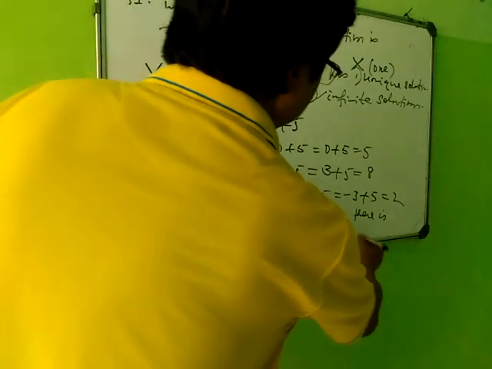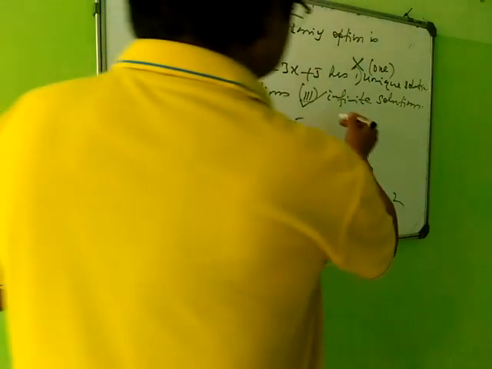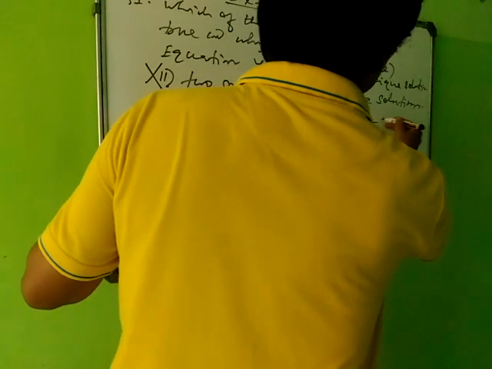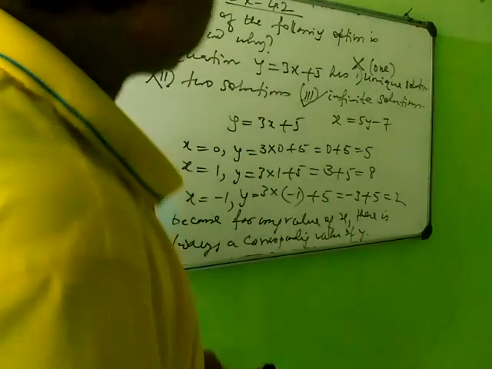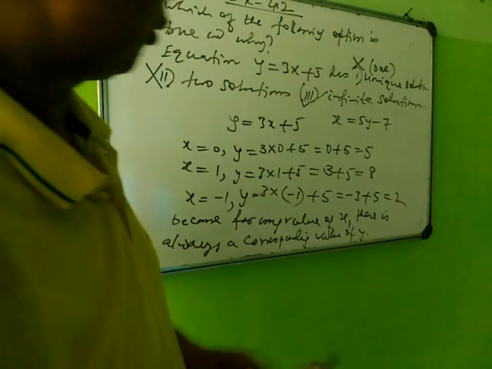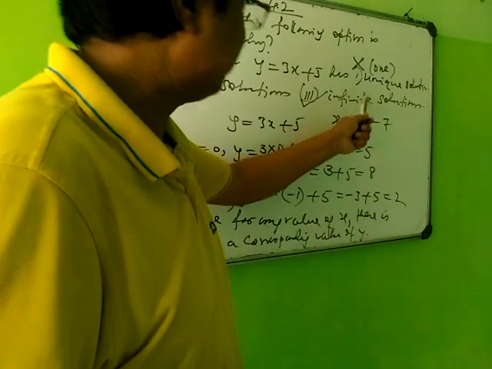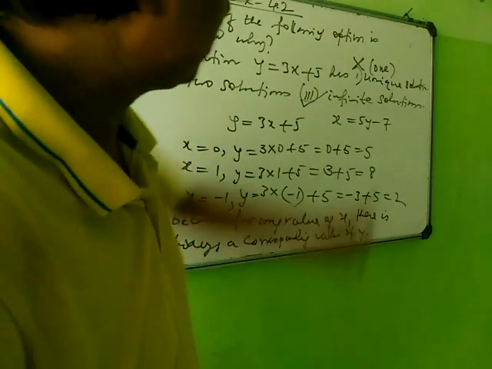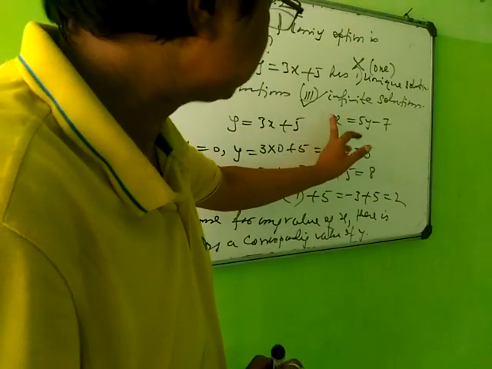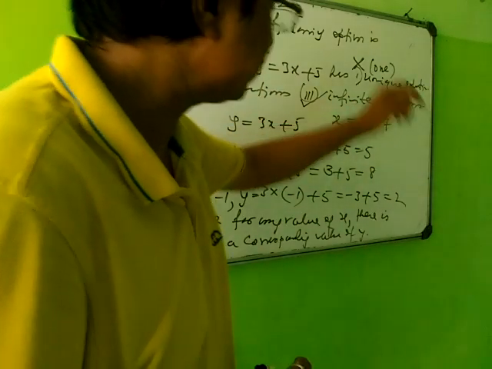Say you have got x equals to 5y minus 7. Now suddenly we are asked how many solutions it will have. A linear equation in two variables will always have infinite solutions. Why? Because you take any value of y, you will always get a corresponding value of x. That is why it has got infinite solutions.